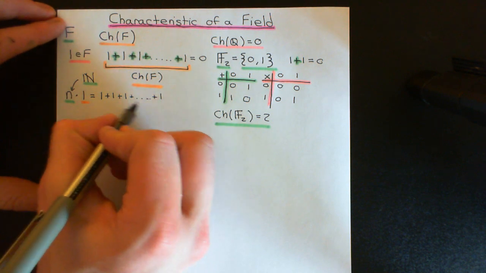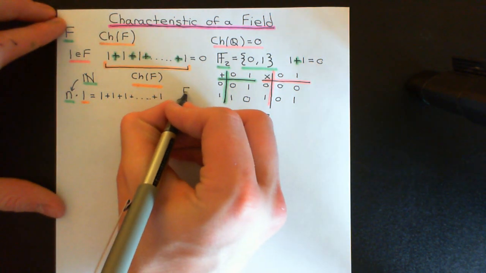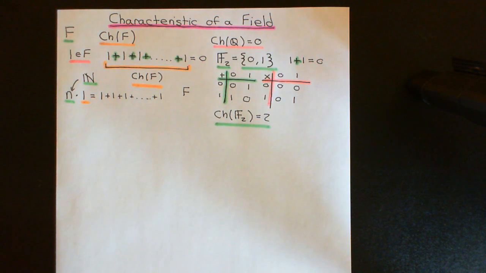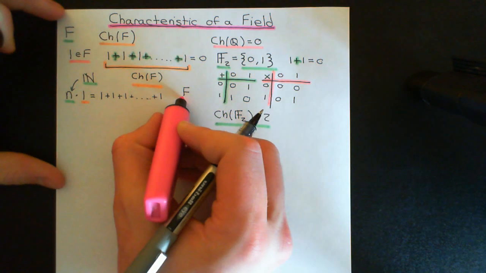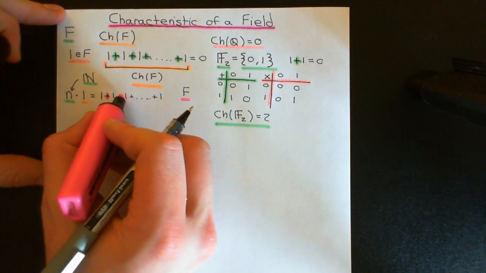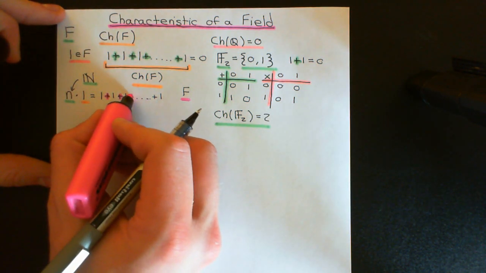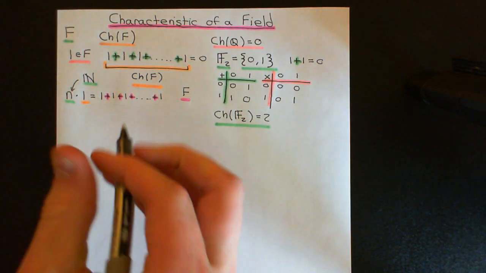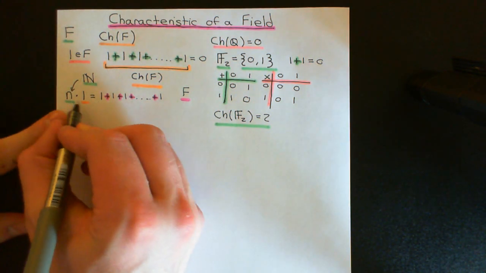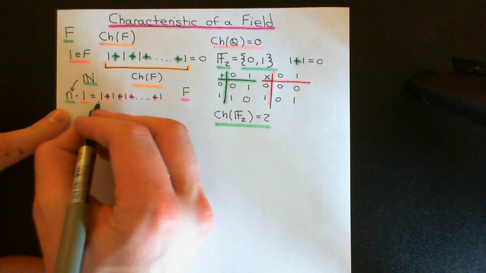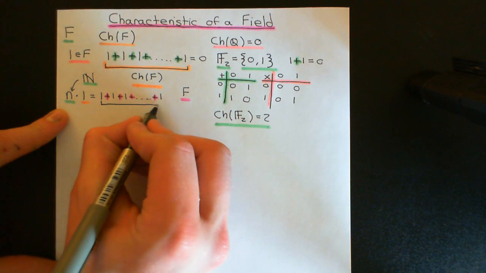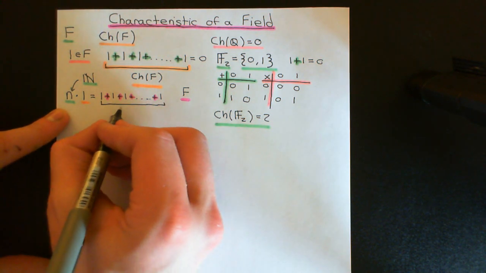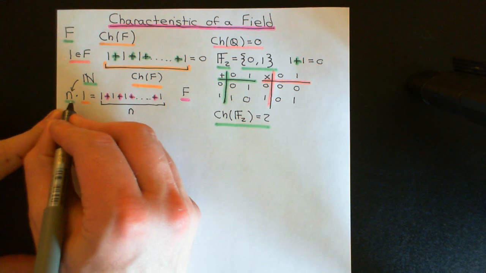You're adding together n lots of 1. Okay, and the addition is all in the field, so from now on I think I will denote addition in the field by vivid purple. So these additions here are all in the field. So n dot 1 means an element in the field. This is an element in our field, capital F here, our general field, where you've just taken the multiplicative identity of the field and added it together n times.